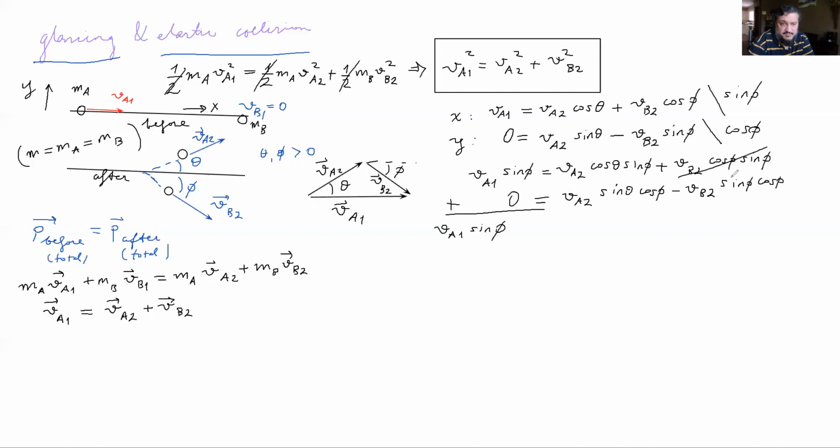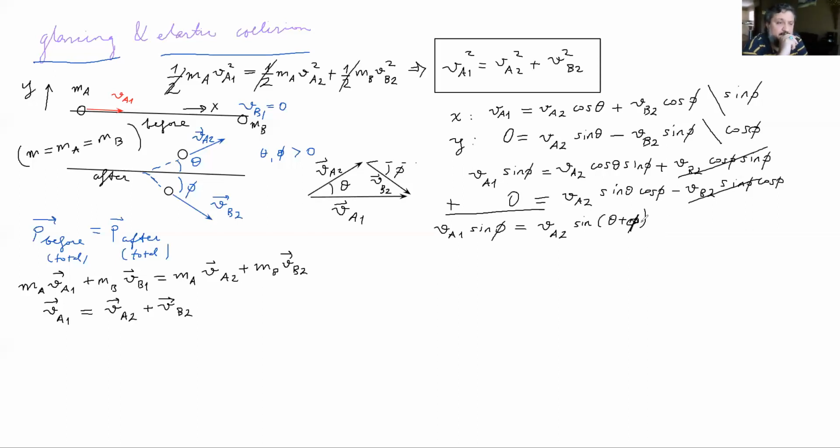These 2 terms are the same, so I get rid of those. Now factor the VA2, and that's cosine theta sine phi plus sine theta cosine phi, which is the sine of theta plus phi. So I use that trigonometric identity there. Okay, theta plus phi.